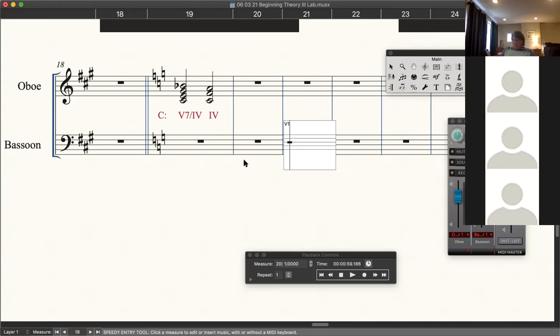But then, if you look at measure seven, the second beat, what chord is that? Someone tell me.